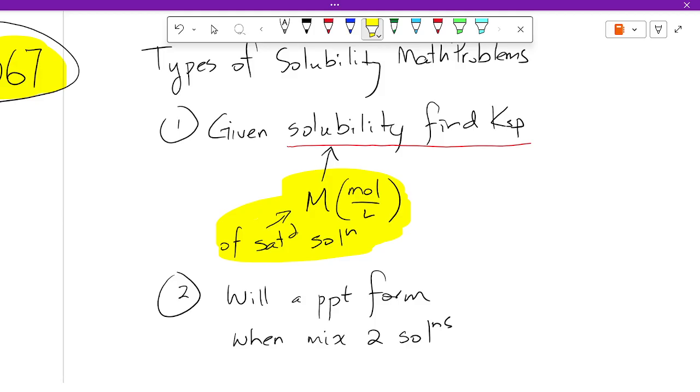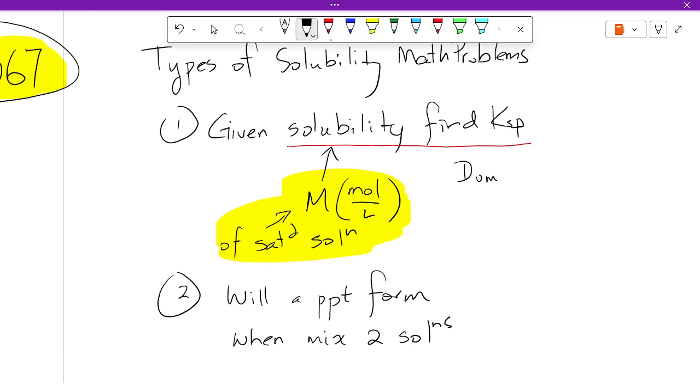You are dumping and stirring, because that's the most straightforward way to get a saturated solution, yes? And if you're finding the solubility, you're just finding the molarity of that saturated solution. So this is dump and stir.